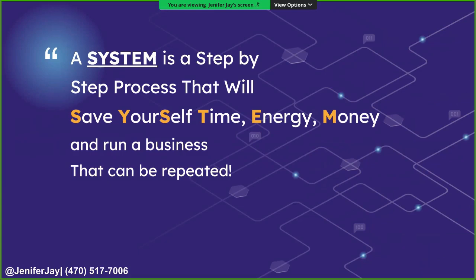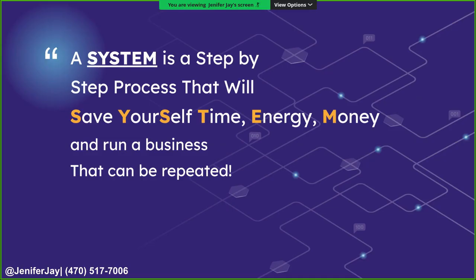A system is a step by step process that will save you time, energy, and money, right? And so the one thing about it is the system is going to run your business and it could be repeated over and over again, removing you from the process, allowing you to service your customers.